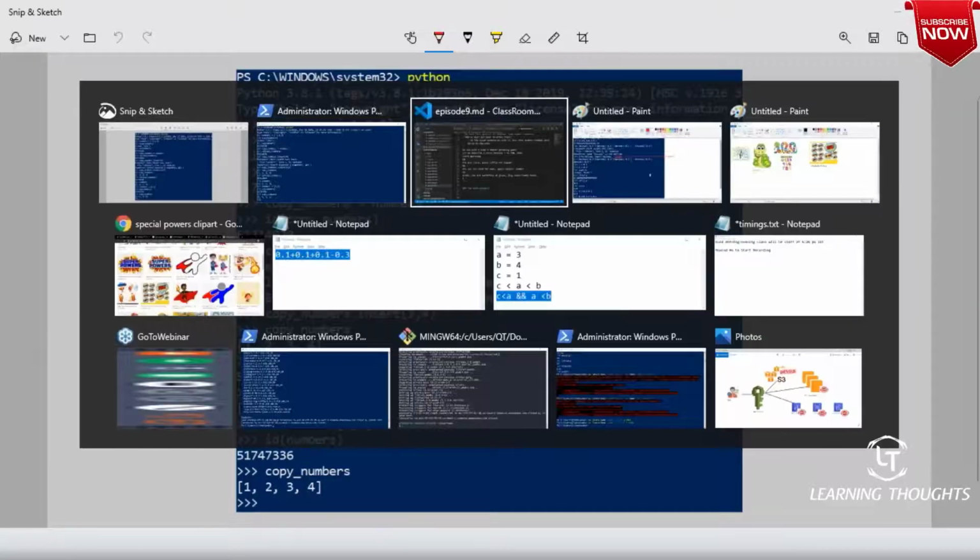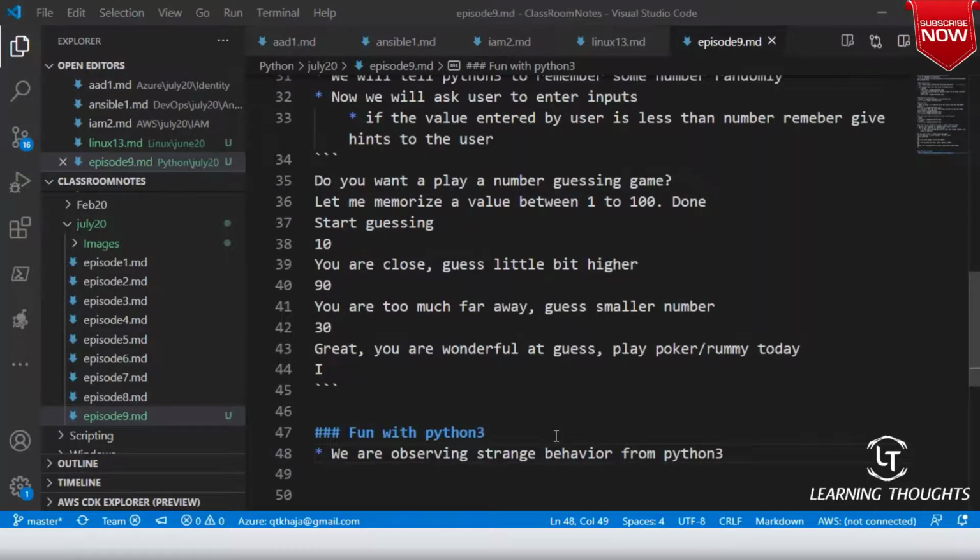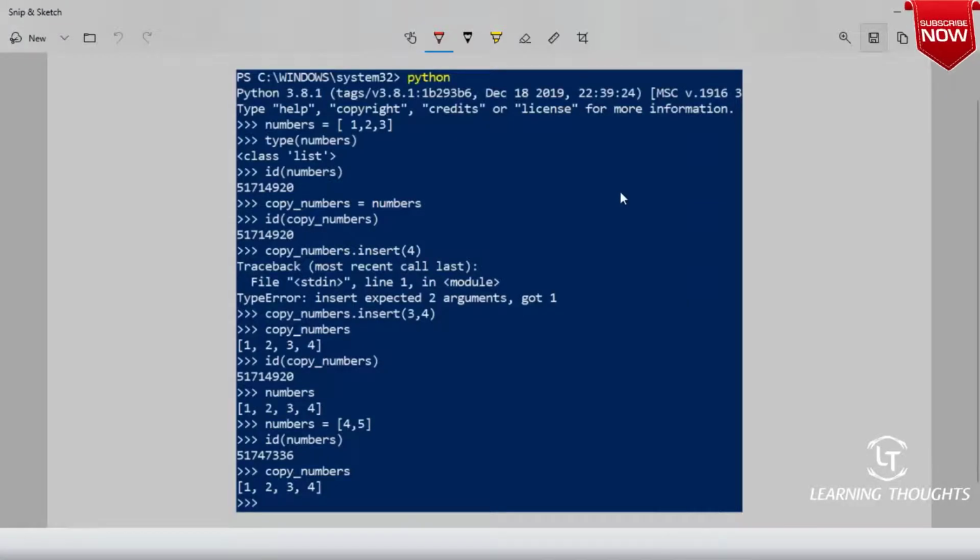We are observing strange behavior from Python 3.